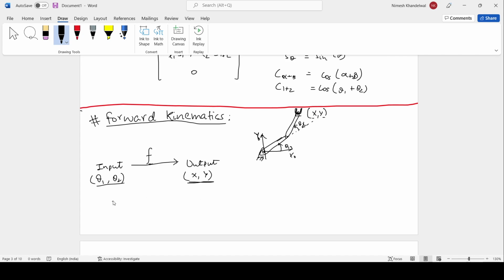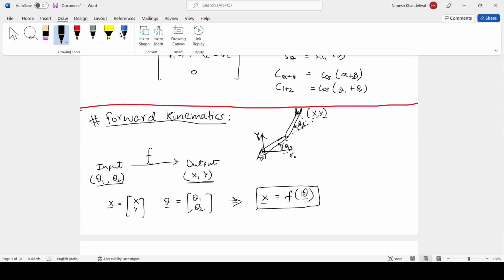So if I say that the vector x is the vector of coordinate x and coordinate y, and the vector theta is, just writing everything in matrix form, then x equals a function of theta. These end effector coordinates depend on your joint angles.